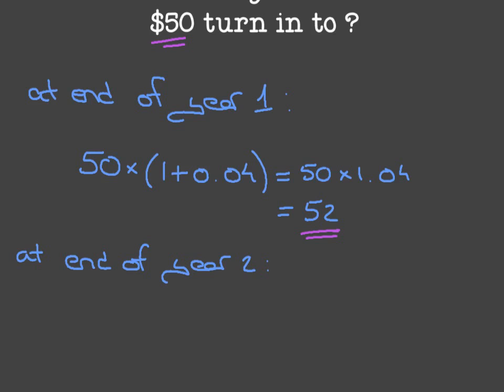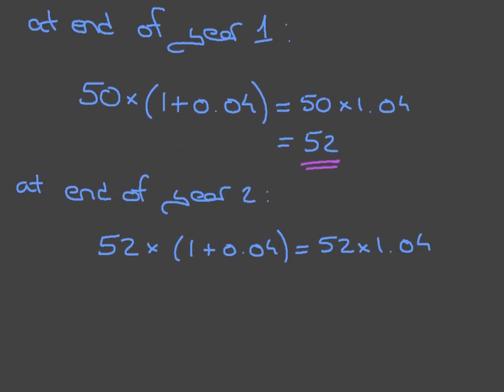So this leads us to 52 times 1 plus 0.04 again, which is 52 times 1.04. And once again, using our calculators, we find 54.08. So at the end of the second year, Clara has $54.08.